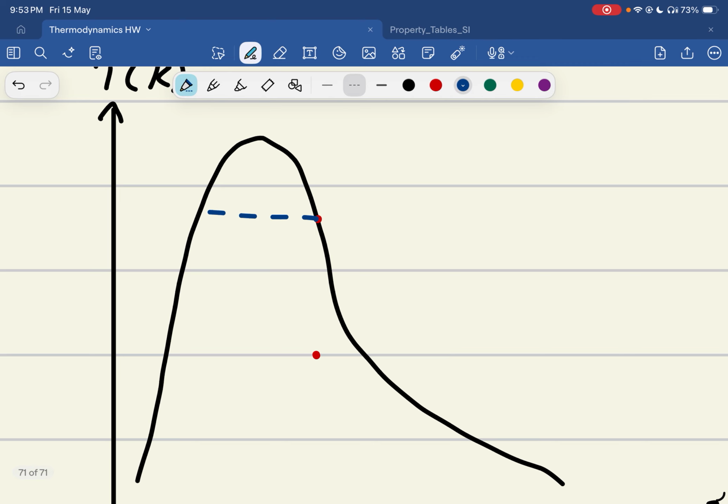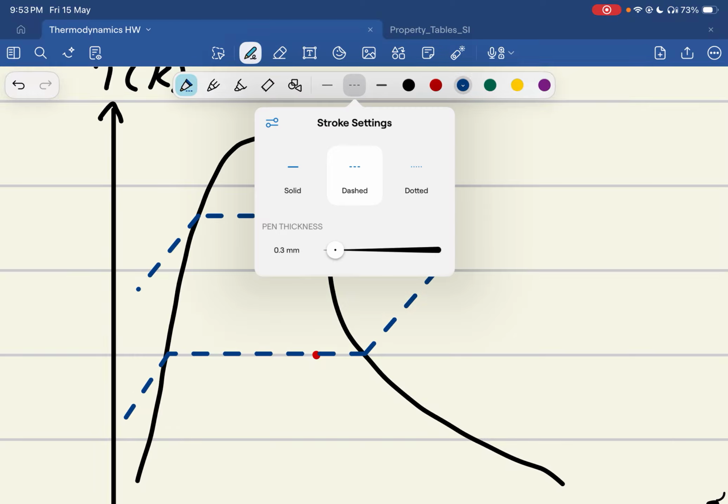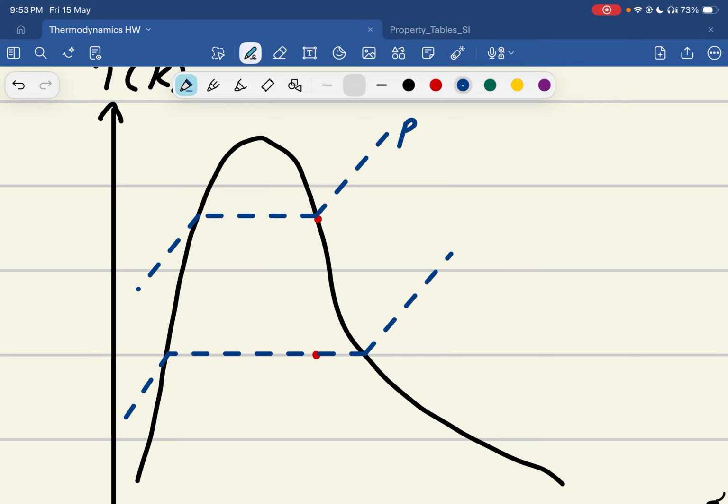We draw this first: P1, P2, state 1, state 2, and it goes down.